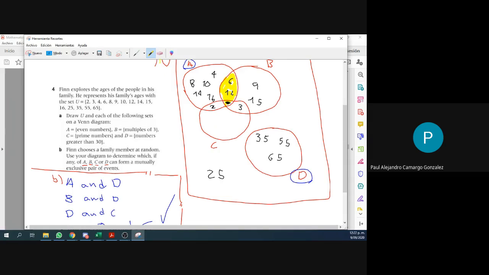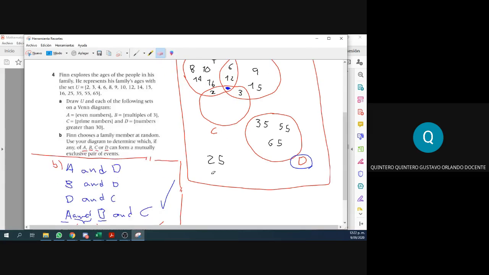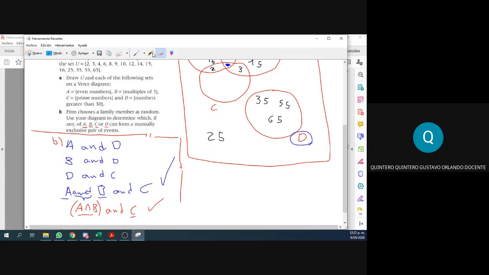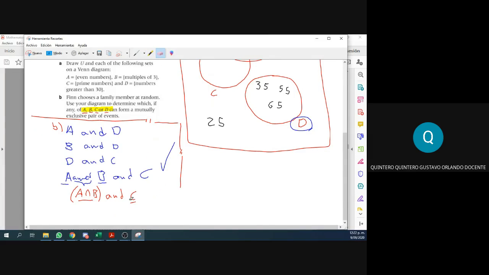All right. Now, the question says that we need to determine which of these 4 are mutually exclusive. So this one is not useful for us in this question.